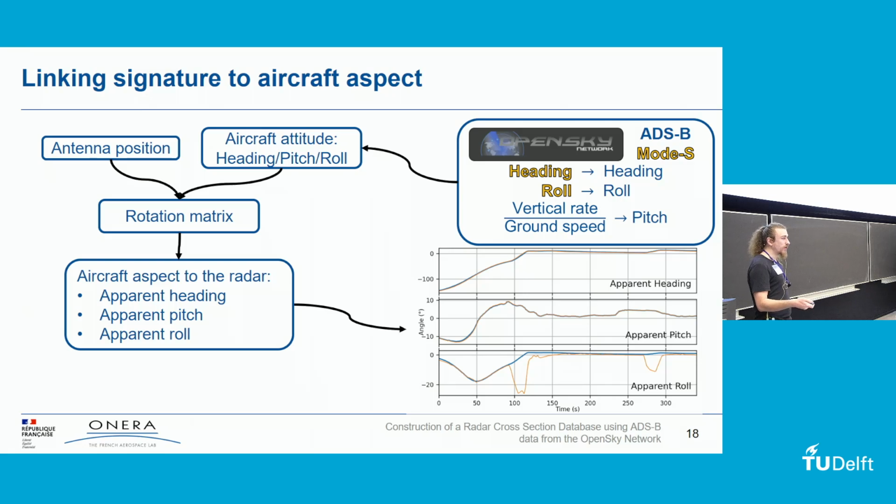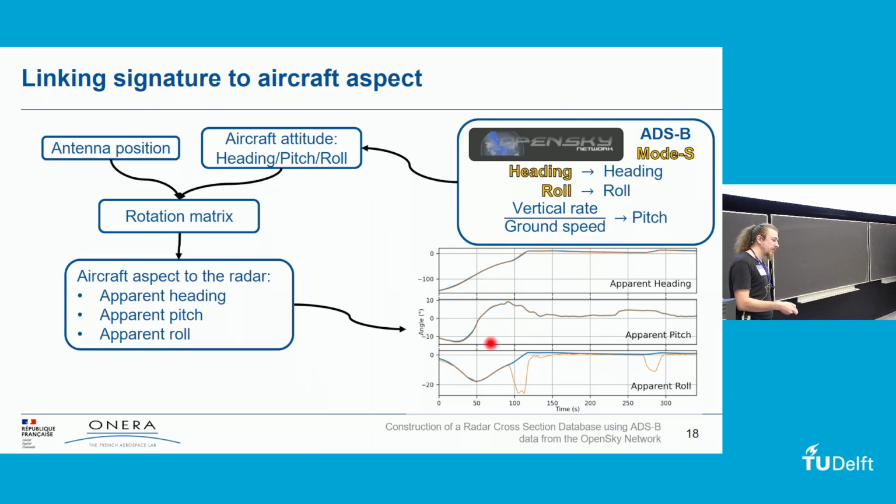Thankfully, we also have the Mode S messages. The Mode S messages contain heading data and roll data, so we can replace the track data and the 0 we put in for the roll and have more accurate measurements.